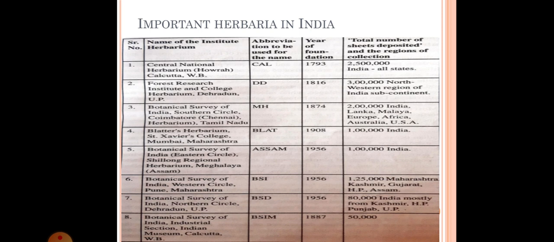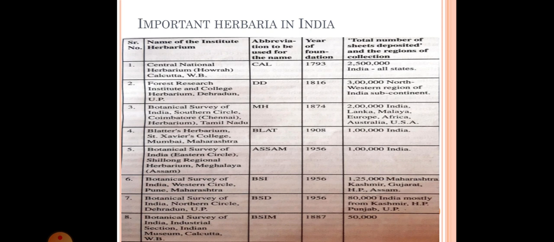The next, Botanical Survey of India, Northern Circle, Dehradun, Uttar Pradesh. Abbreviation is BSD, and year of foundation 1956. 80,000 sheets are deposited, mostly in India, from Kashmir, Himachal Pradesh, Punjab and Uttar Pradesh.